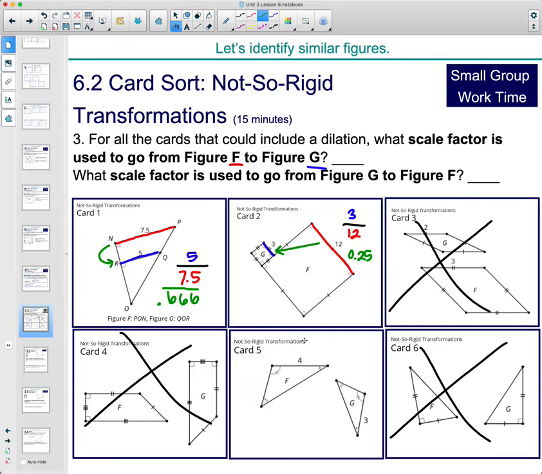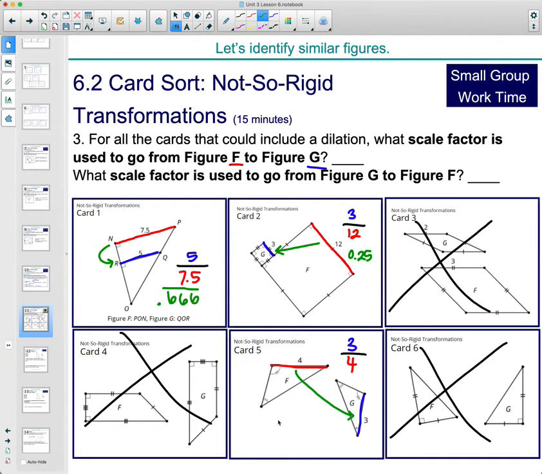And then card 5, the comparing. F is this 4, G is the 3, and those are corresponding sides. So we're going from F to G, so we're getting smaller. So again, where we want to go versus where we started.